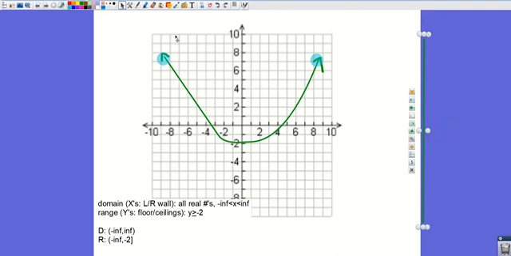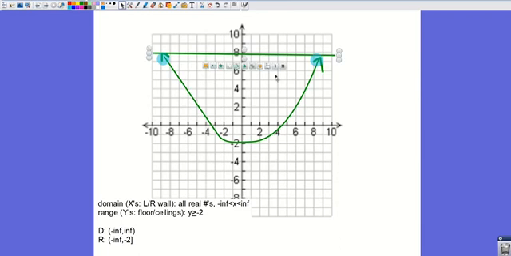Now, if we look over here for range, do we have a ceiling? No, because the whole graph keeps on going up and up and up. So it crosses the ceiling. So there is no ceiling.